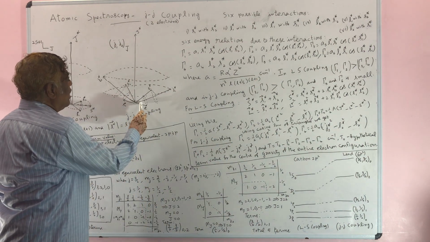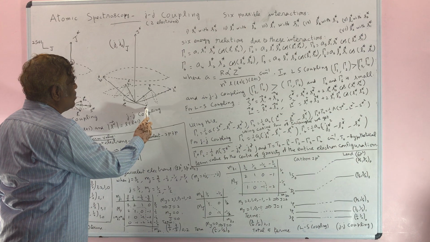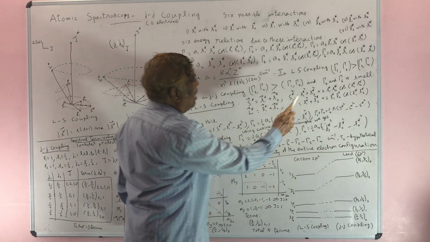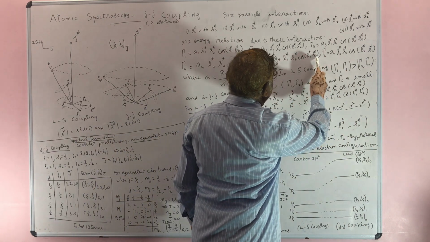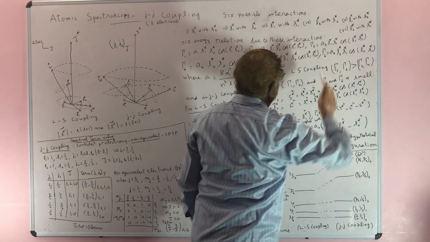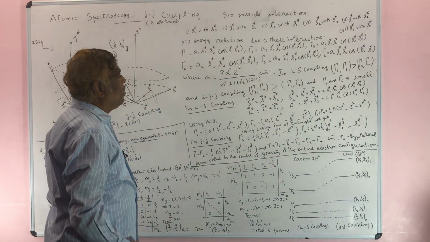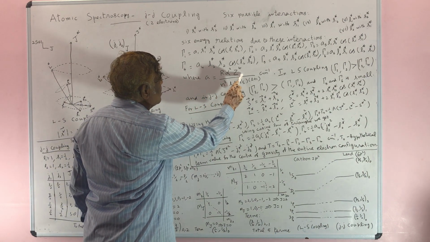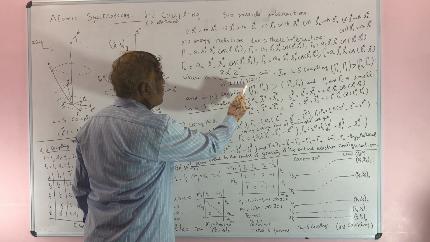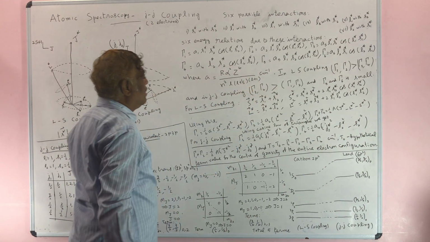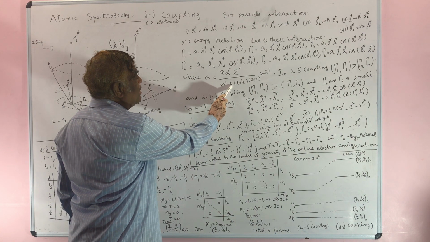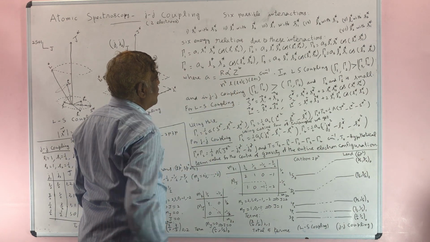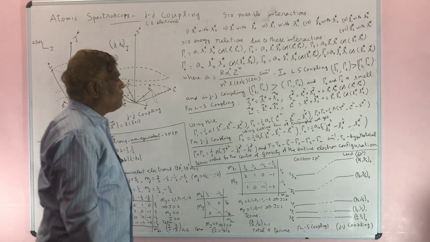Then there are the cosines of the angles between L1 star and S1 star, and between L2 star and S2 star. Similarly for gamma 5 and gamma 6, L1 star with S2 star, and L2 star with S1 star. These are A1, A2, A3, A4, A5, A6. A is given by R alpha squared Z squared divided by n cubed l into l plus half into l plus 1 in centimeter inverse, where n is the principal quantum number, l is the orbital angular momentum quantum number, Z is the atomic number, alpha is the fine structure constant, and R is the Rydberg constant.